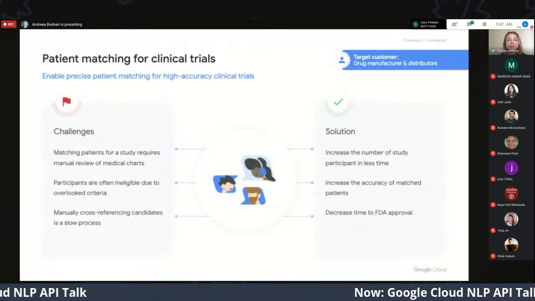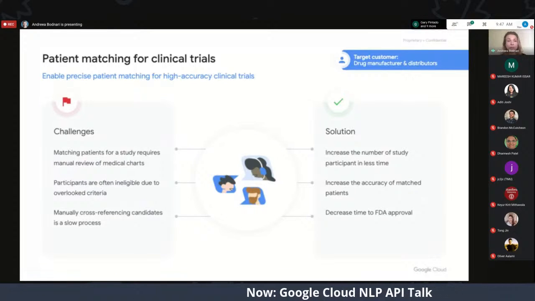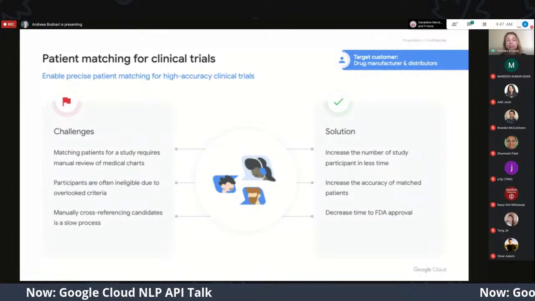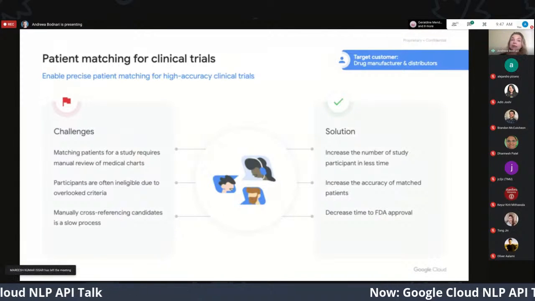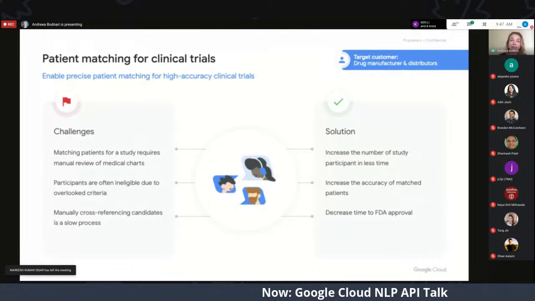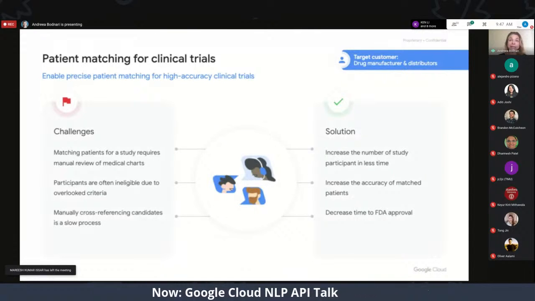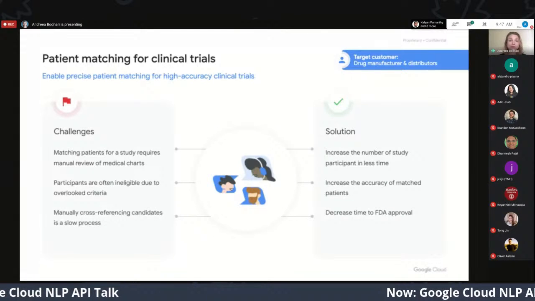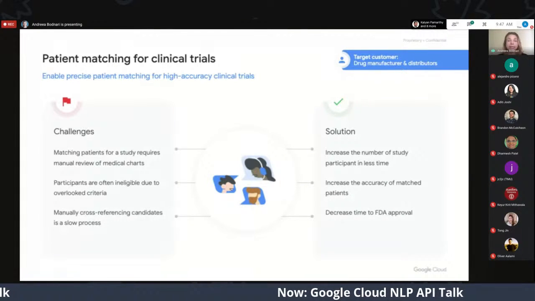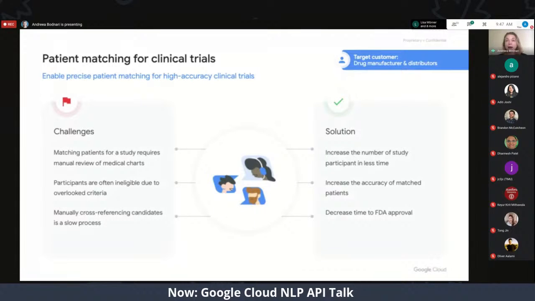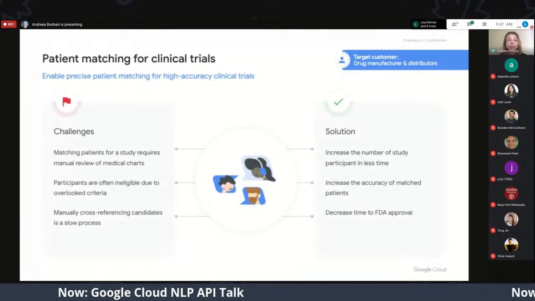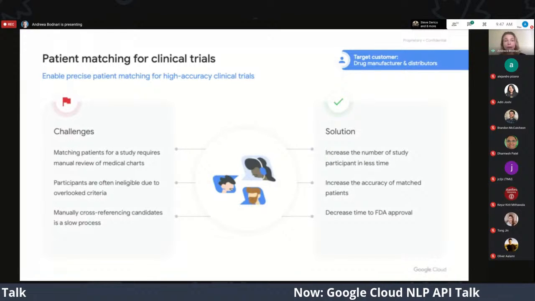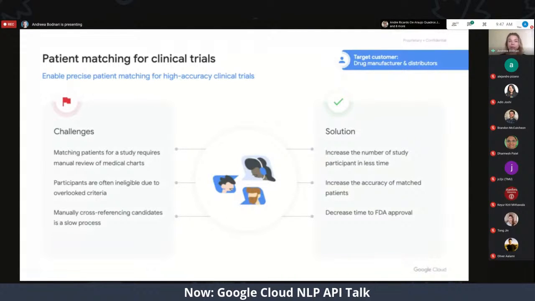The challenges in the industry are that patient matching for a study requires manual review of information that sits in medical charts. Participants are often not eligible due to criteria that were overlooked during the manual review. And even when patients are identified and they do qualify for a clinical trial, manually cross-referencing candidates is a slow process.